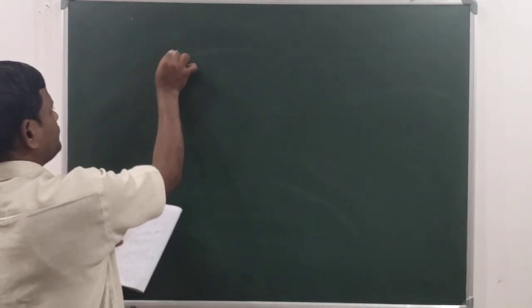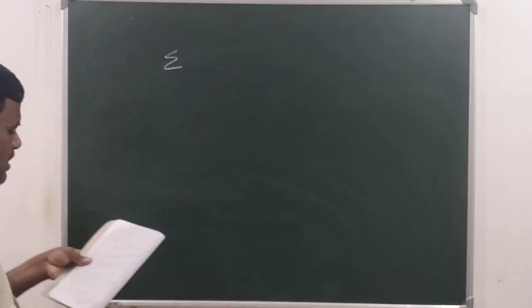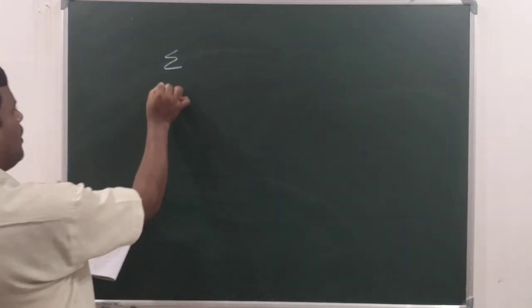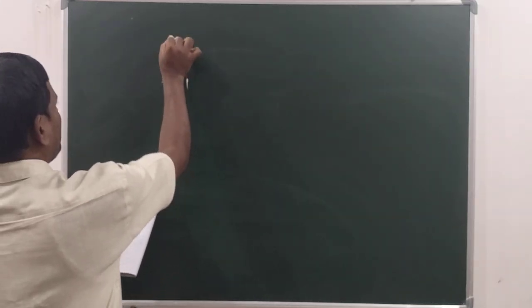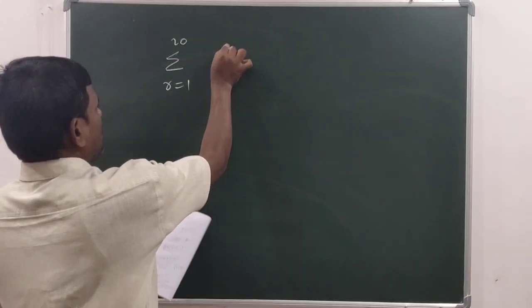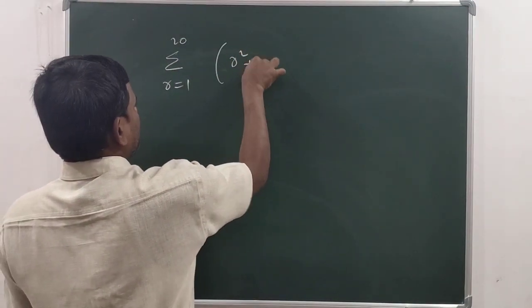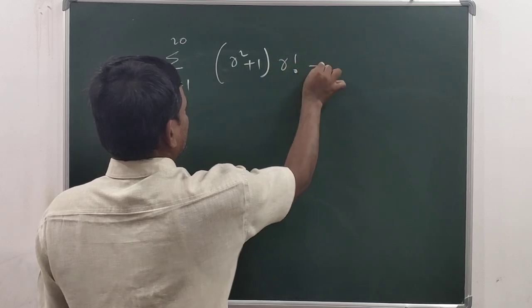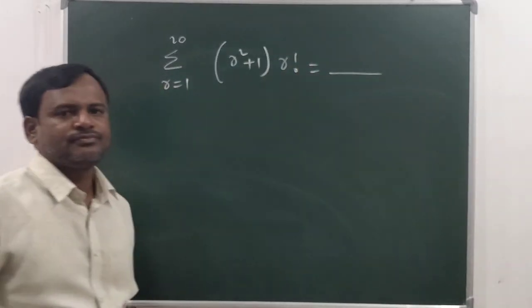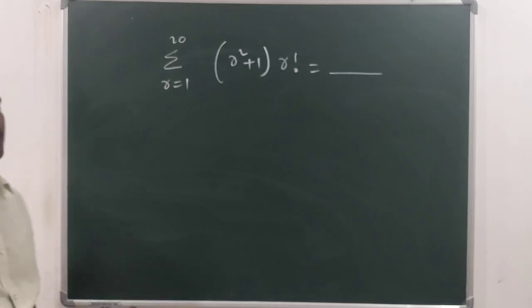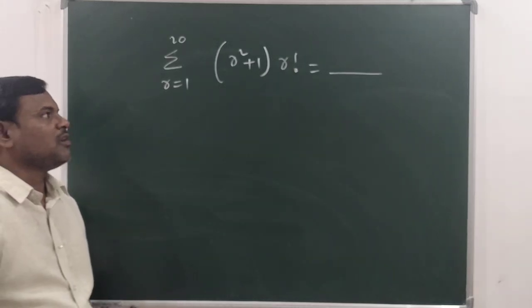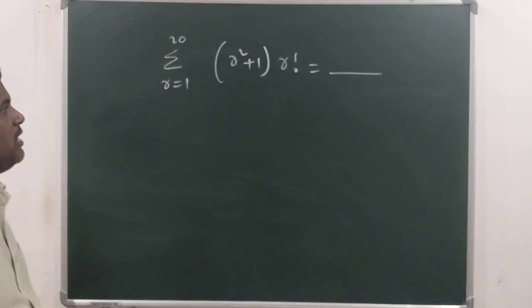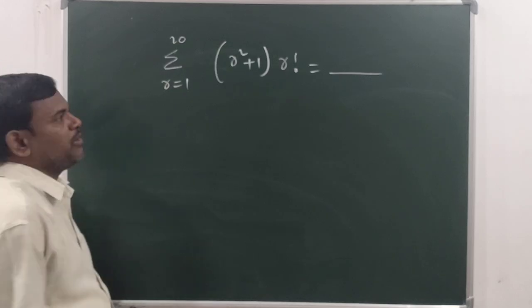Summation r runs from 1 to 20 of (r square plus 1) into r factorial is equal to how much? This is also one of the good problems. Now see, observe how I am going to evaluate it.